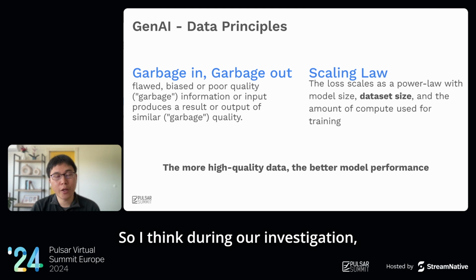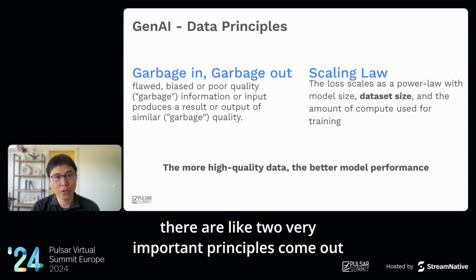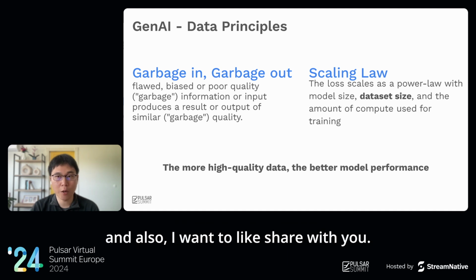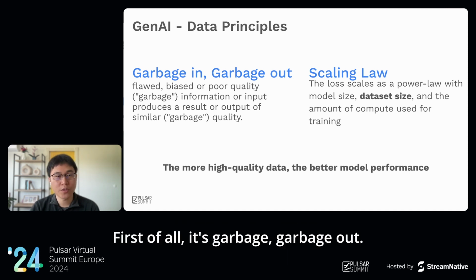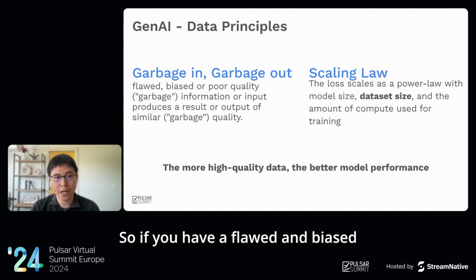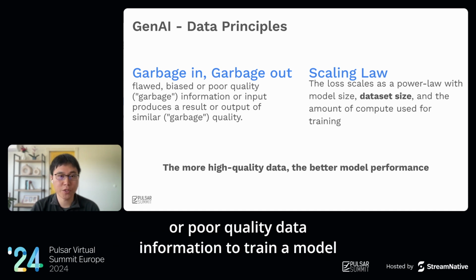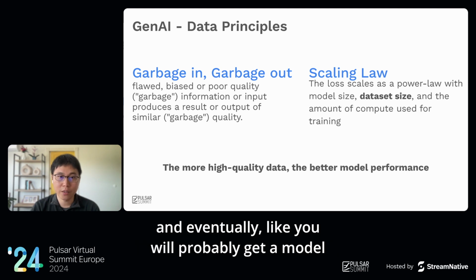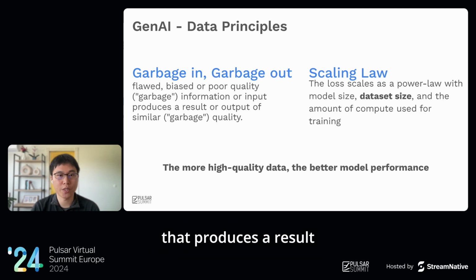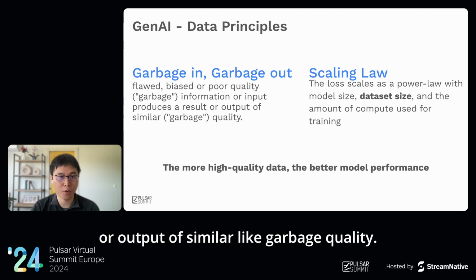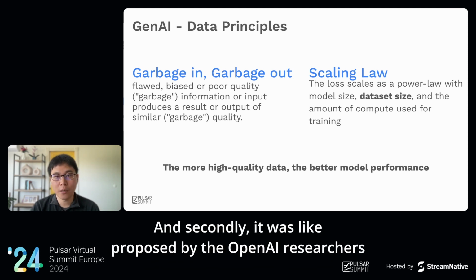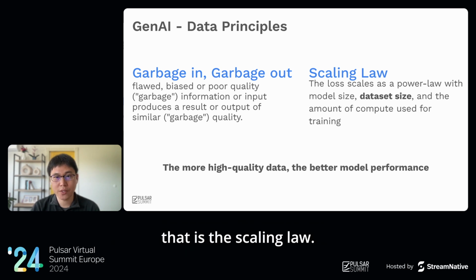During our investigation, two very important principles came out, and I want to share them with you. First of all, it's garbage in, garbage out. If you have flawed, biased, or poor quality data to train your model, you will probably get a model that produces output of similar garbage quality. And secondly, proposed by the OpenAI researchers, there is the scaling law.